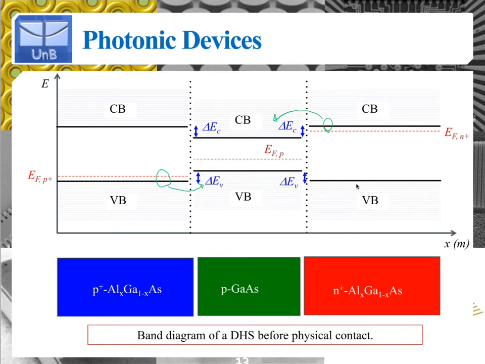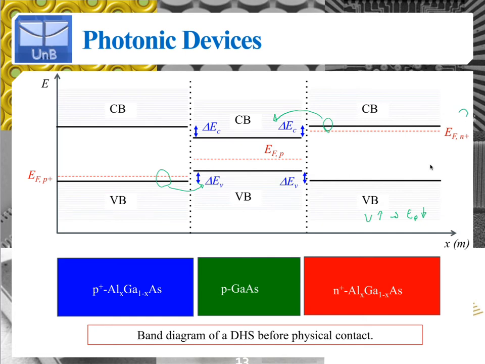So since the electrostatic potential V is larger, the potential energy, which is just the charge of the electrons times V, will be smaller, or will be more negative, right? And therefore this material will have a smaller potential energy.